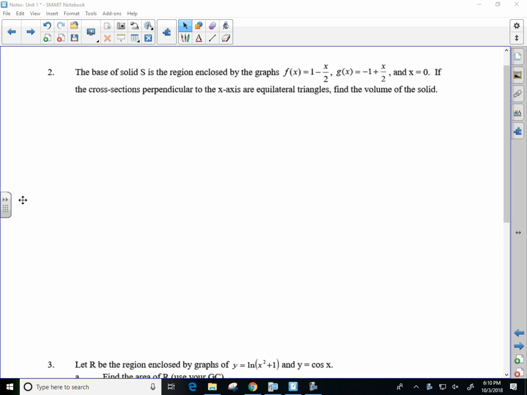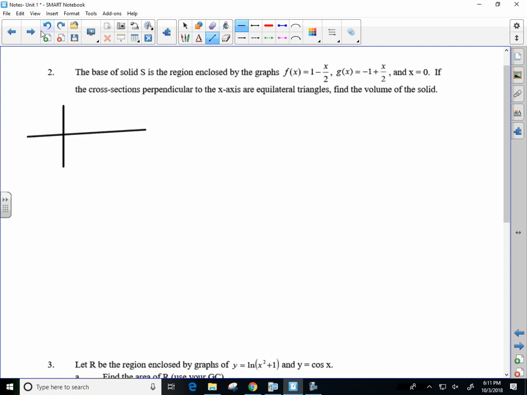All right. So a picture tends to help. I'll draw one as it would be in 2 dimensions, and then we'll scale it to 3 dimensions. All right. So before we get too far ahead of ourselves, you see the function 1 minus x over 2?